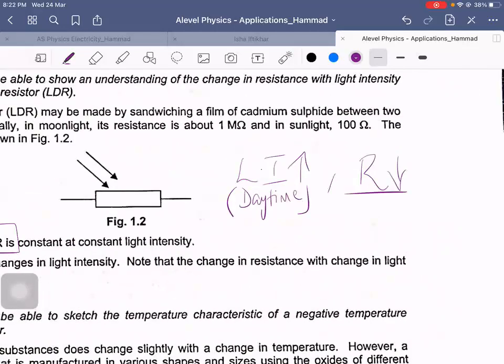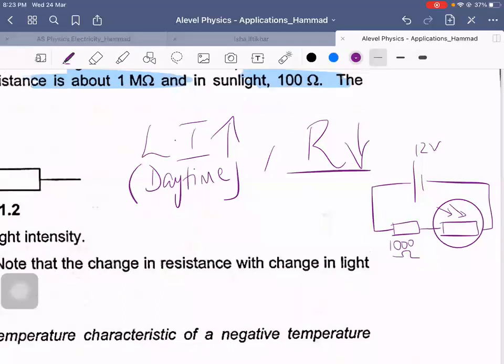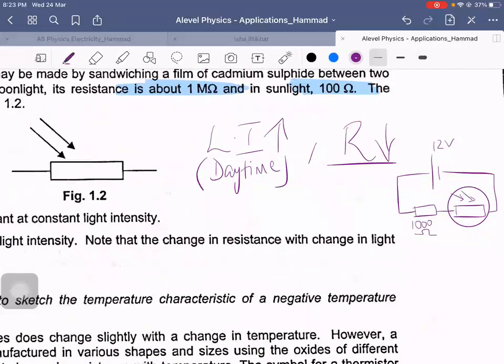At night time, its resistance increases to somewhat 1 mega ohm as compared to 100 ohms during the day, which means that it will attract a greater share of the voltage at night and will therefore be switched on automatically. So this could be a circuit for a street lamp, where the lamp is connected in parallel with the LDR.